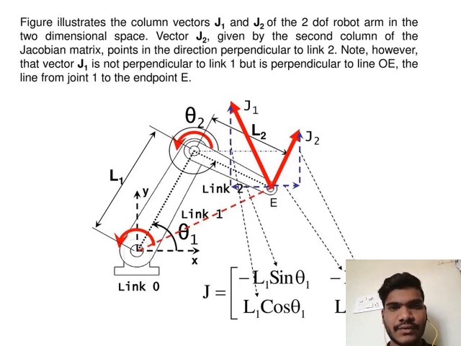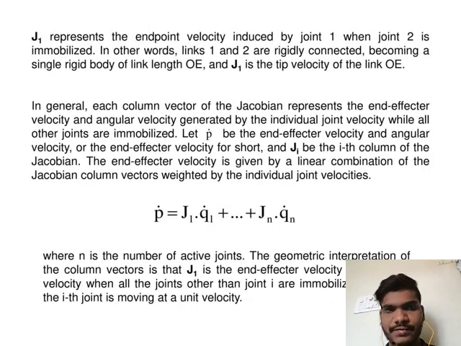Vector J2, given by the second column of the Jacobian matrix, points in the direction perpendicular to link 2. Note, however, that the vector J1 is not perpendicular to link 1 but is perpendicular to line OE, the line from joint 1 to the endpoint E.